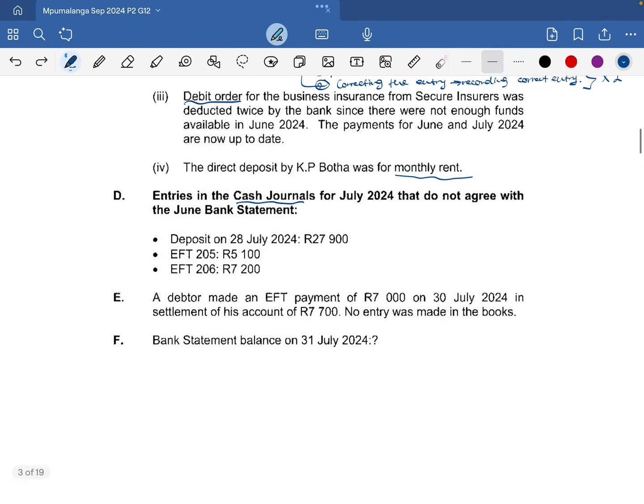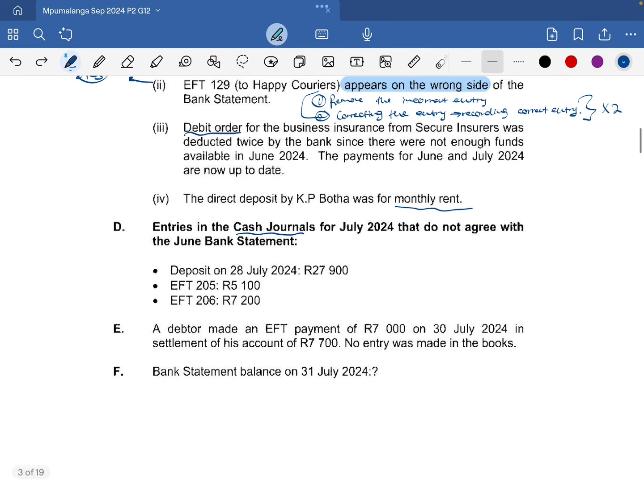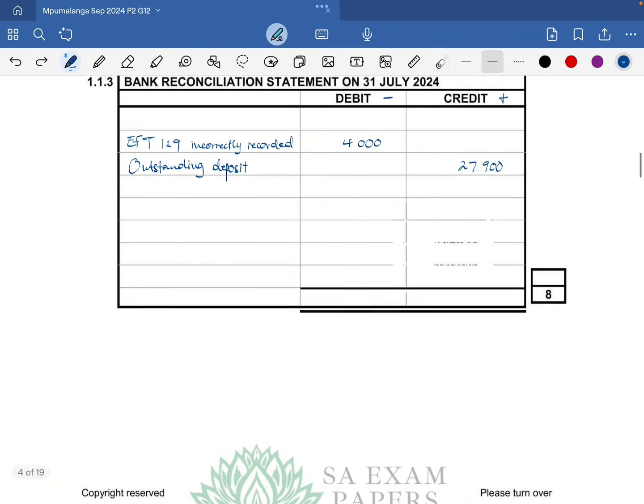And then now we're going to look at the EFT 205 and EFT 206. So those are outstanding EFTs. We're going to quickly plot that in. So we have outstanding EFT 205 and 206.